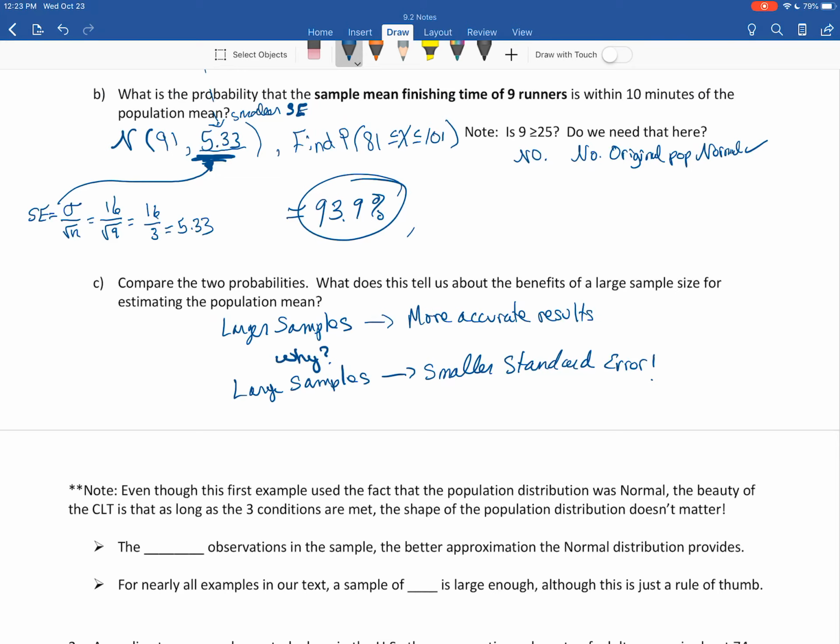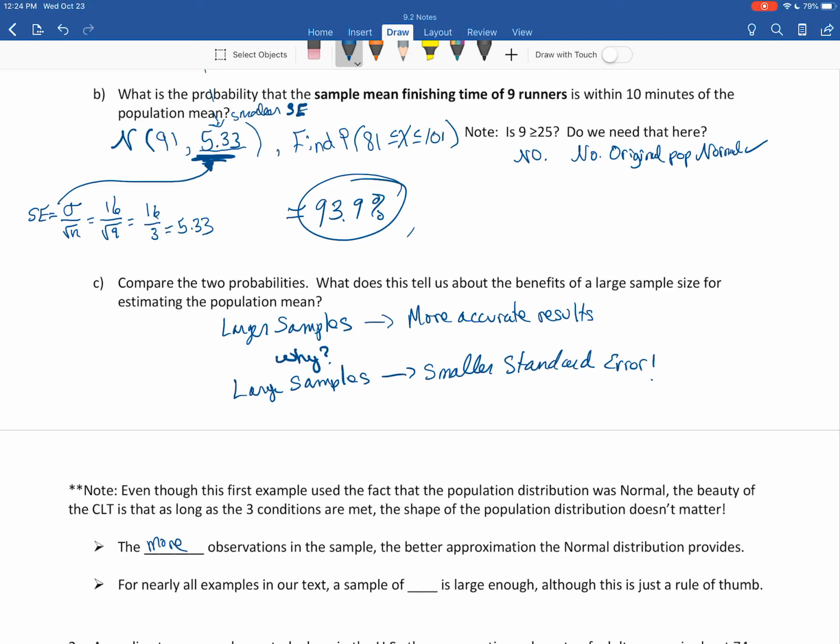So even though this first example used the fact that the whole population distribution was normal, that's what allowed us to do all of those calculations. The beauty of the CLT is that as long as those three conditions are met, the shape of the population doesn't actually matter. What we know is that the more observations we take in the sample, the better approximation the normal distribution should provide.